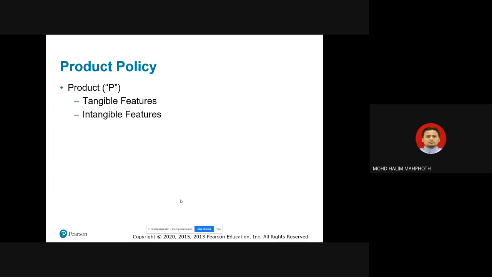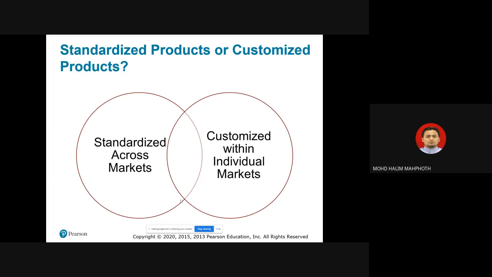And as you can see right here, standardized product or customized product: standardized across markets, customized within the individual market, meaning different countries you treat as different markets. Some products can be catered either standard or custom.